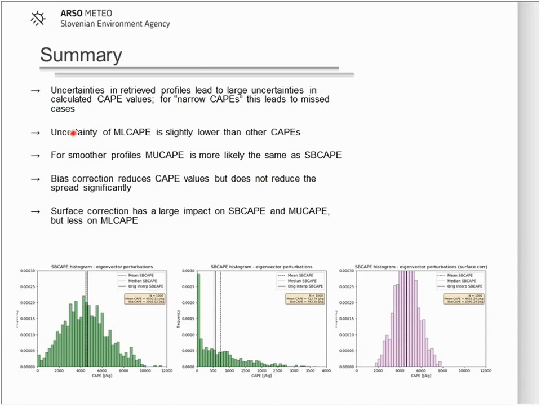We saw that the uncertainty of mixed layer CAPE is slightly lower than that of other CAPEs, but on the other side, when we apply the corrections, at least the surface correction has the least impact on the mixed layer CAPE. So, this is it, and I'm happy to take any questions.